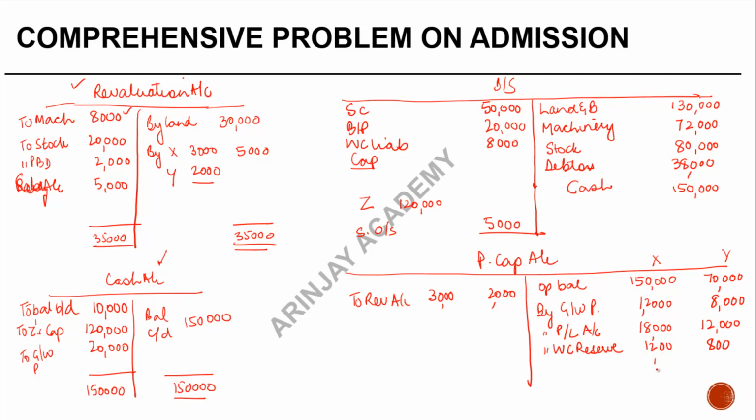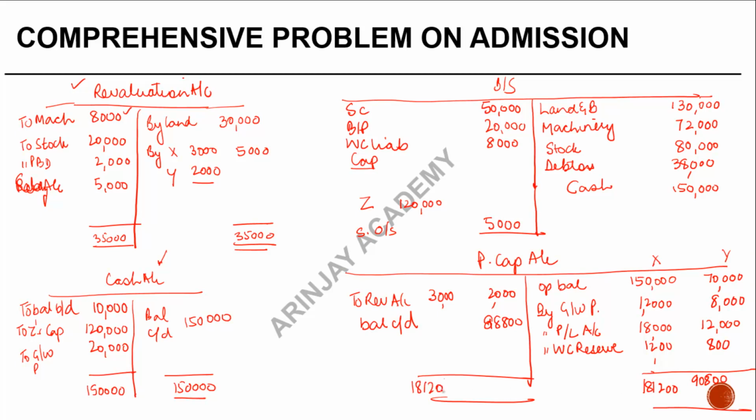When I do the totals of the partners' accounts, what do I get? 70, 78, 90. This is going to be 90,800, I guess, right? Minus 2,000, 88,800 is the balance which is going to get carried down. If I do the total here, 150, 162, 170, 180, 181, 200.